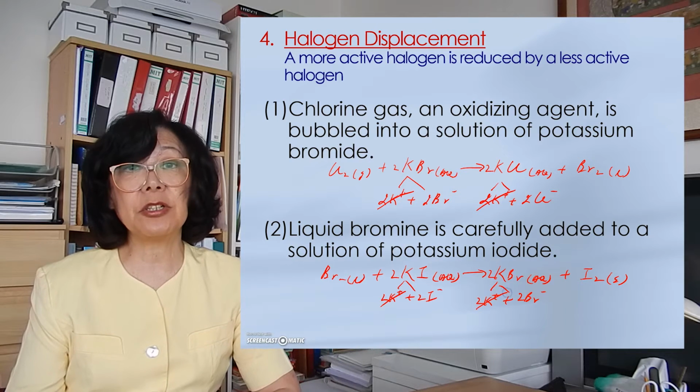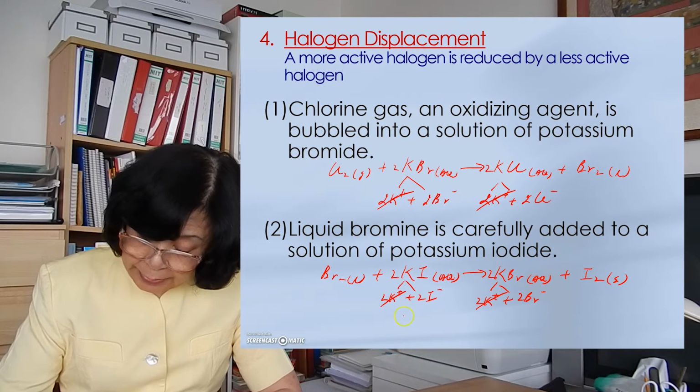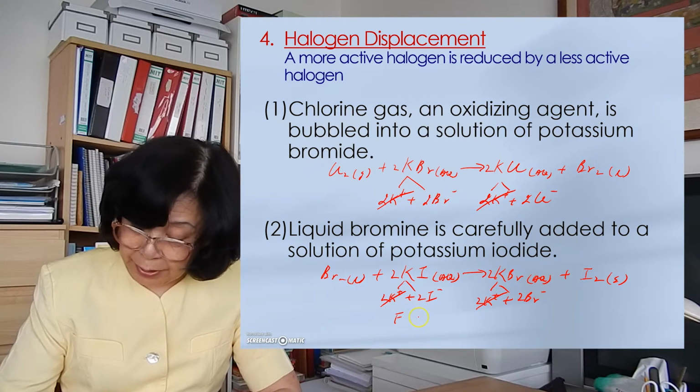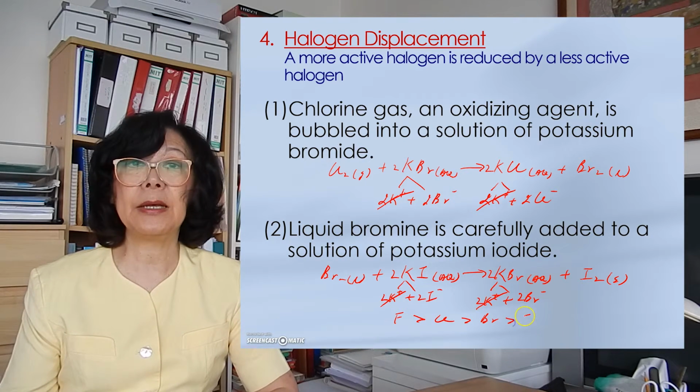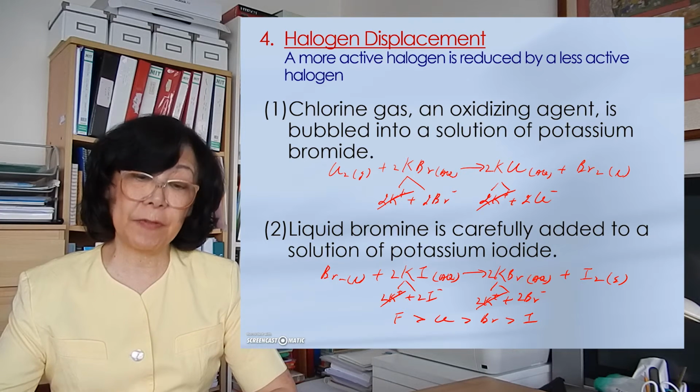One thing I need to mention is that fluorine is more reactive than chlorine, more reactive than bromine, more reactive than iodine, and therefore the displacement will happen in this fashion.